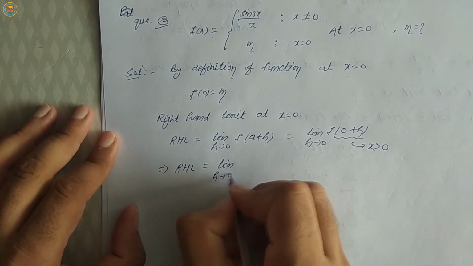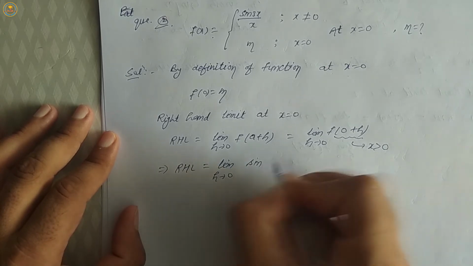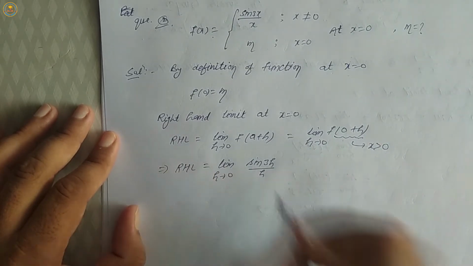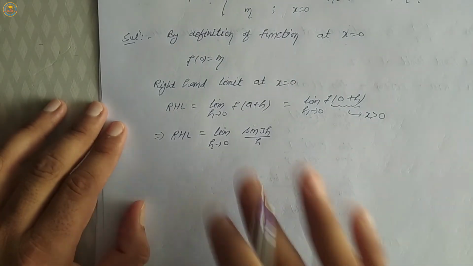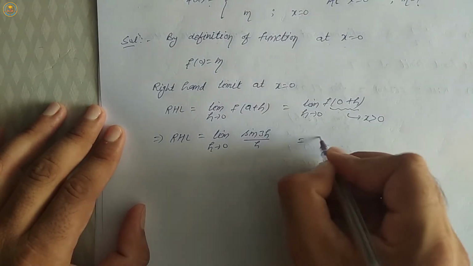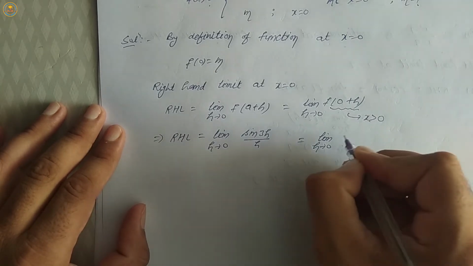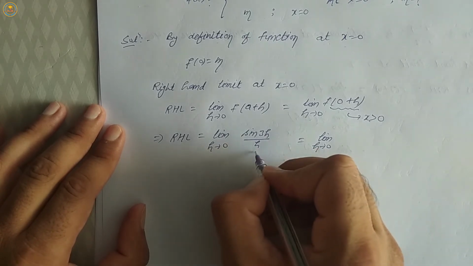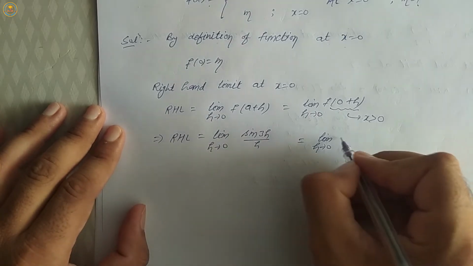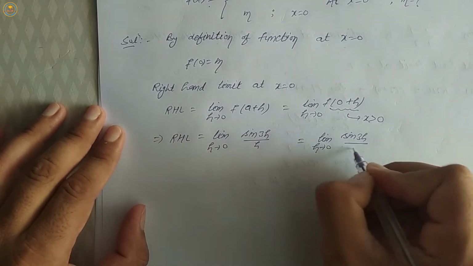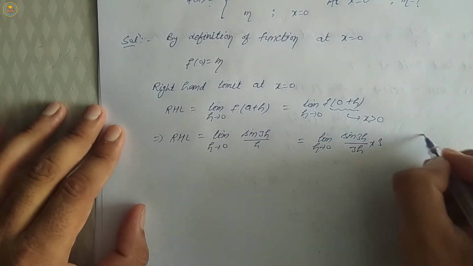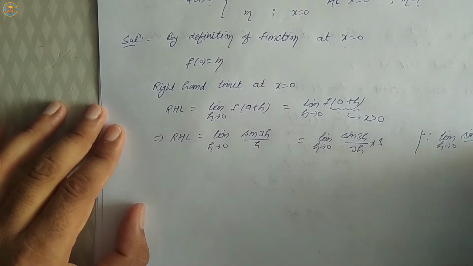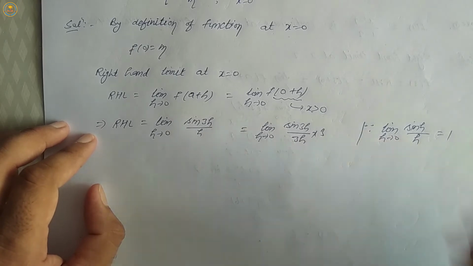Hence limit h tends to 0, sin(3h)/h. Apply the formula: limit h tends to 0 sin 3h/h, it means 3h/3h same. Sin 3h/3h into 3, because limit h tends to 0 sin h/h is equal to 1.